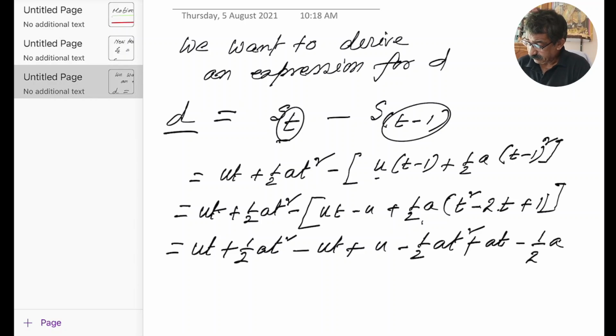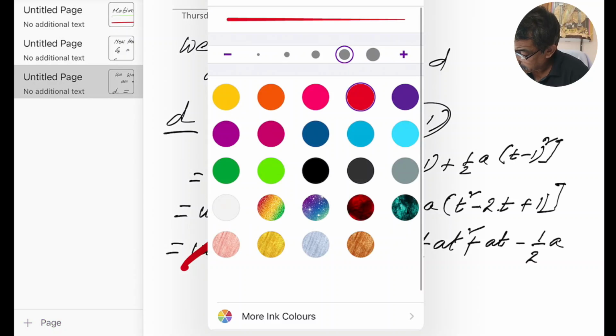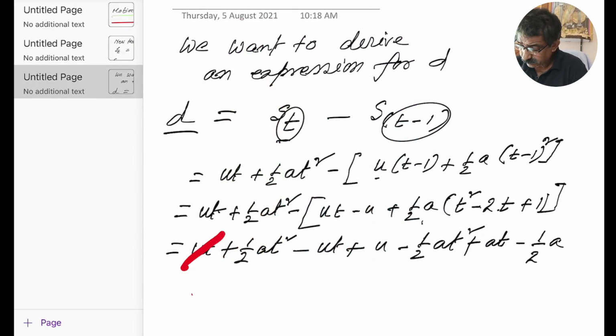Now if we algebraically add all the quantities, then these will be cancelled. This will be cancelled.